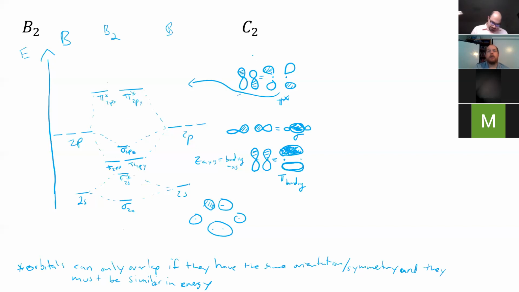But you can also add them together such that they're out of phase with each other, where you'd have that destructive overlap. In that case, you would get something more like this, which would be a sigma star orbital.